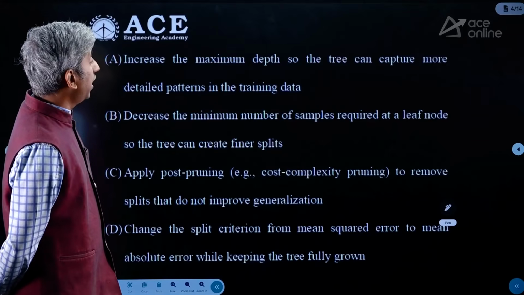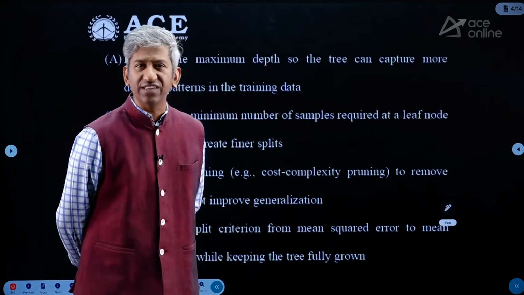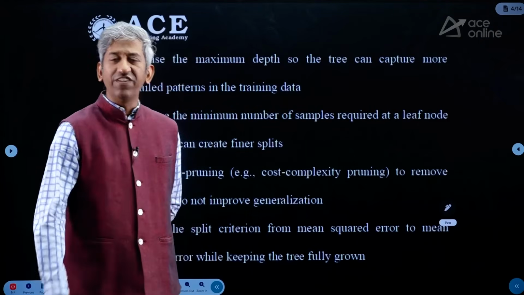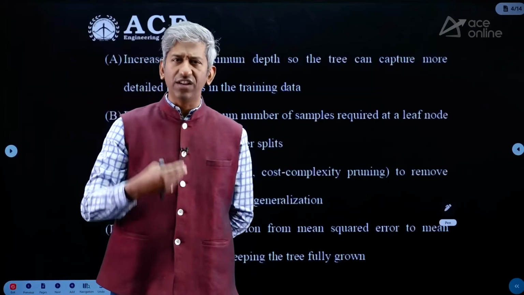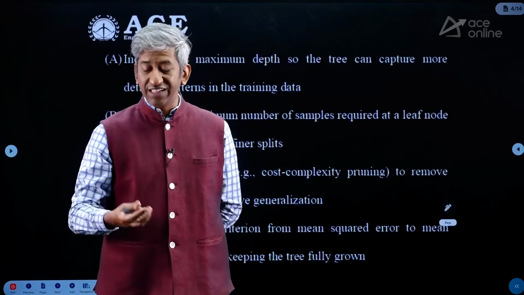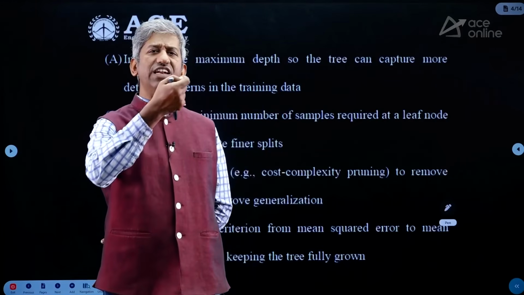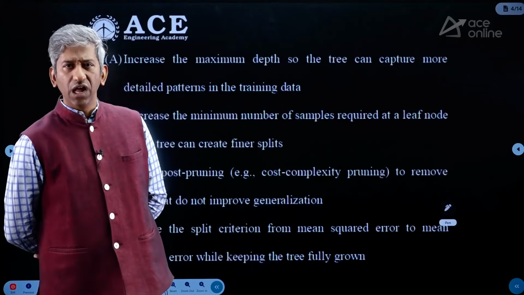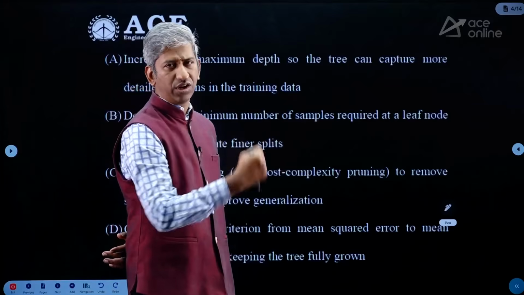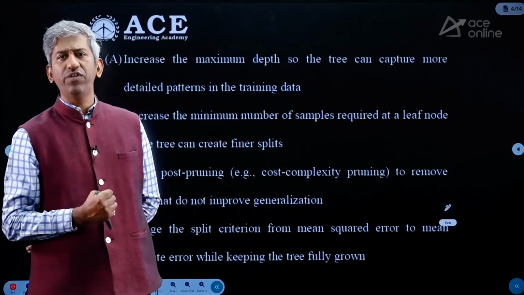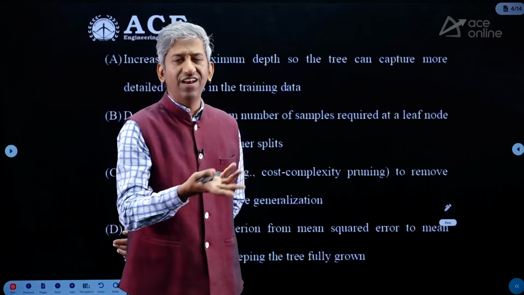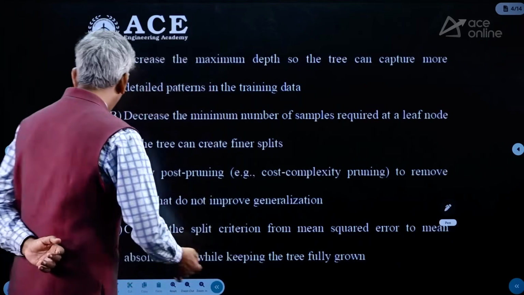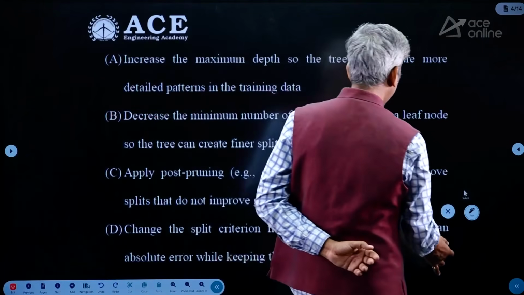Option A, does increasing the maximum depth regularize the model? Is it correct or not? If we increase the depth further and further for a model, every data example ends up in its own leaf node. That worsens the scenario. It is already an overfitted model, so that becomes a super overfitted model, such that your problem will not be solved. So option A is not a correct statement.